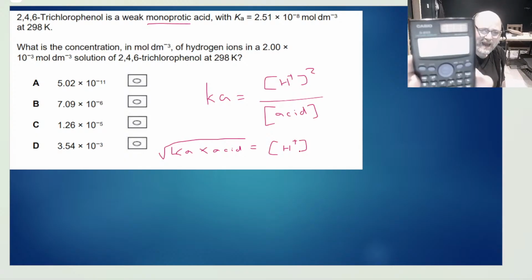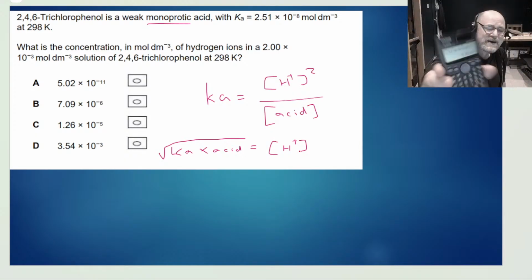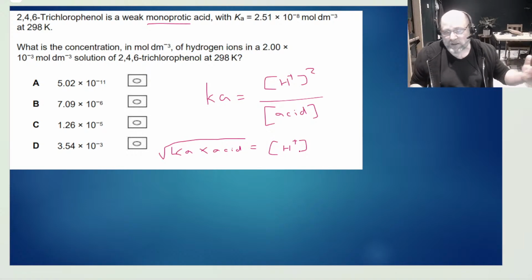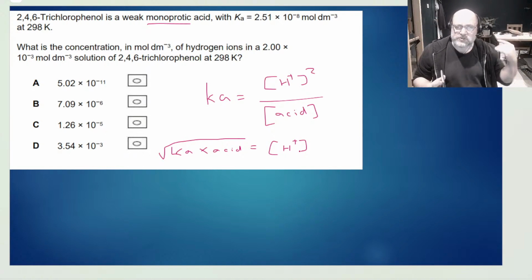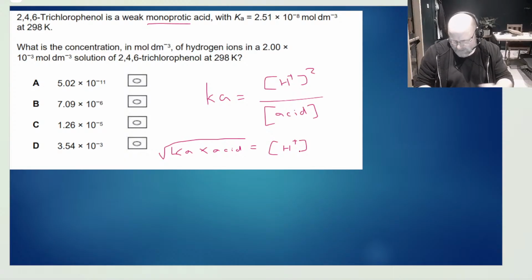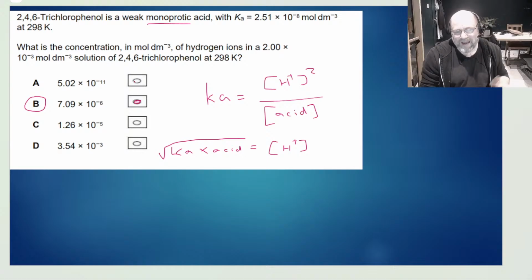I've just times the Ka by the acid concentration, and straight away one of the answers comes up on my calculator. So they're trying to trick you. Then I square root that answer, and that gives me 0.0000709. Yeah, it's going to give me B. So the correct answer is B, but on the way to B, they gave us A.